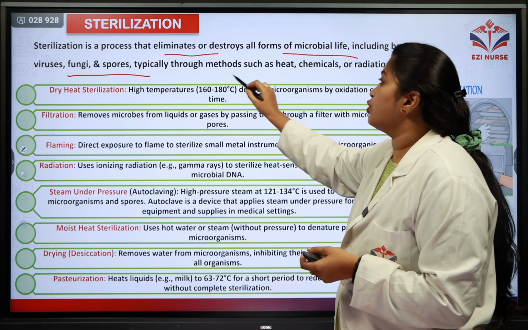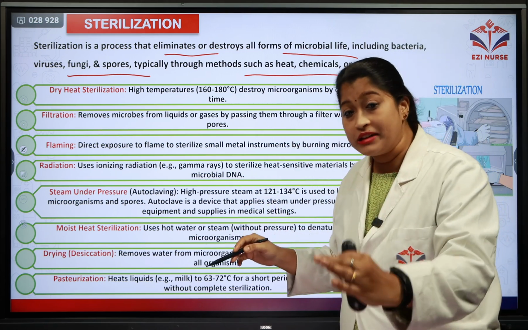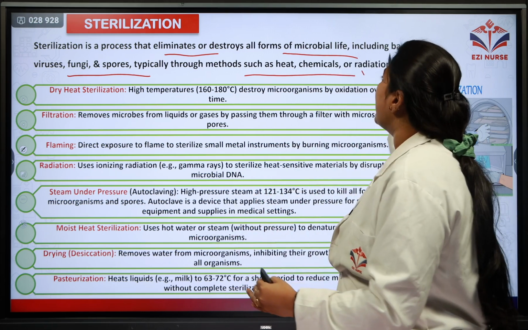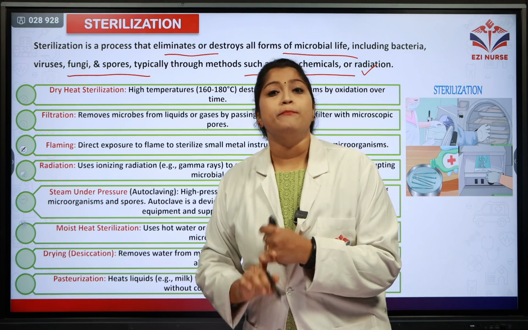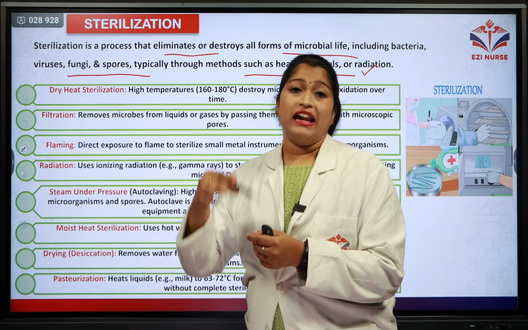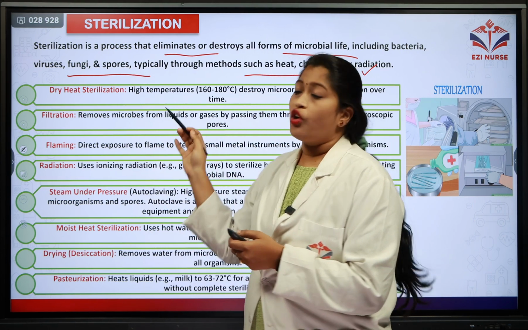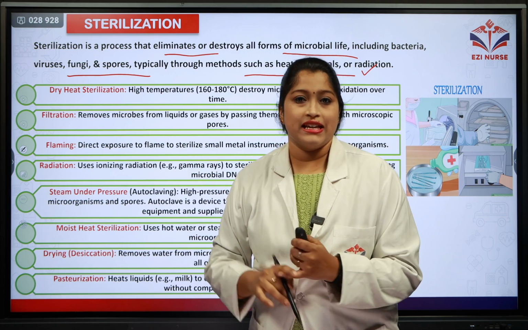Typically this is done through methods such as heat methods, chemical methods, as well as radiation methods. This process of eliminating microorganisms is called sterilization.